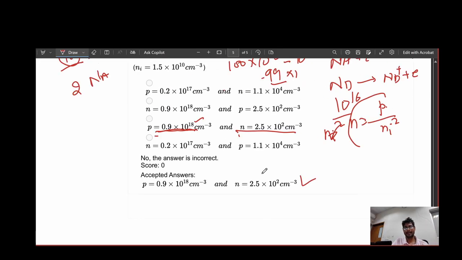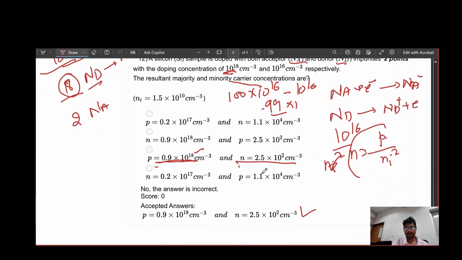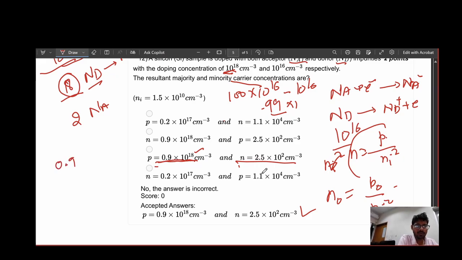Sir, how do we calculate 2.5 into 10 to the power? n is equal to Ni square by p naught. So p is 0.9 into 10 raised to power 18, and Ni square is 2.25 into 10 raised to power 20.